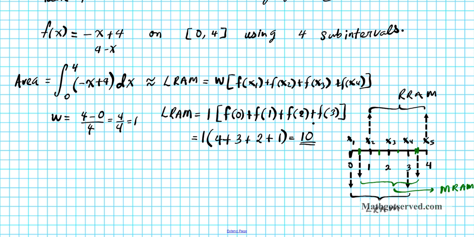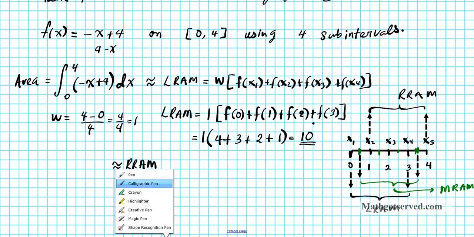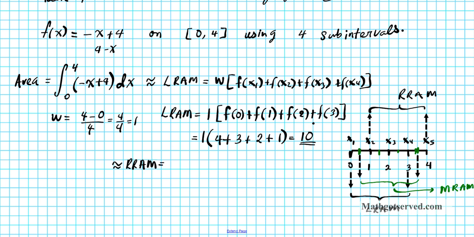Okay, now let's look at the next one, which is the right rectangular approximation. So we have RRAM. The area can be approximated using RRAM. Let me move this back a little bit so I don't run out of space. RRAM is equal to the width times f of x2. You notice we start from the second one.